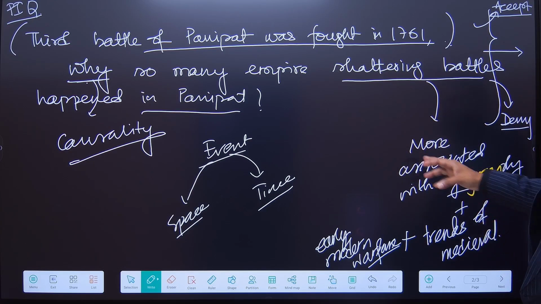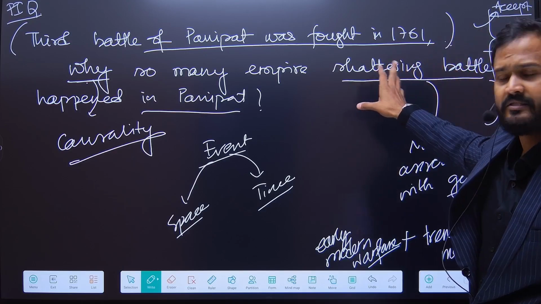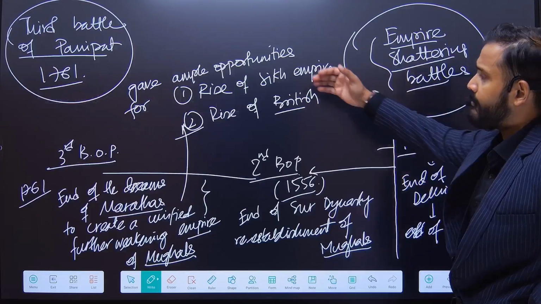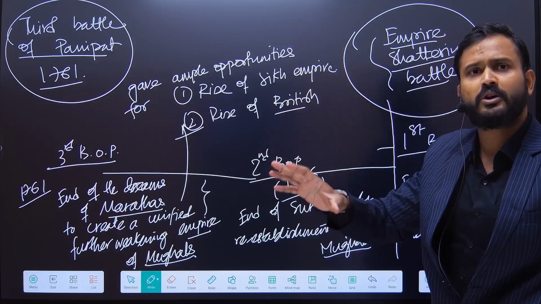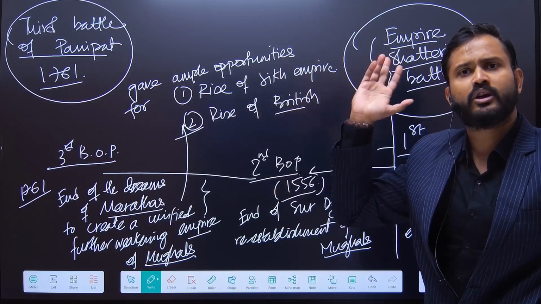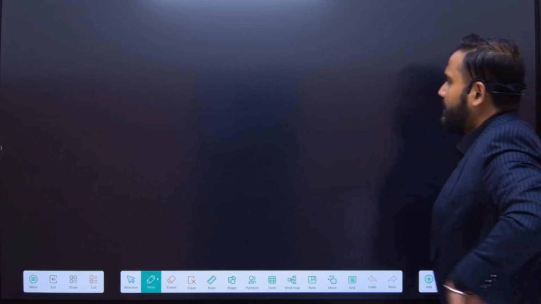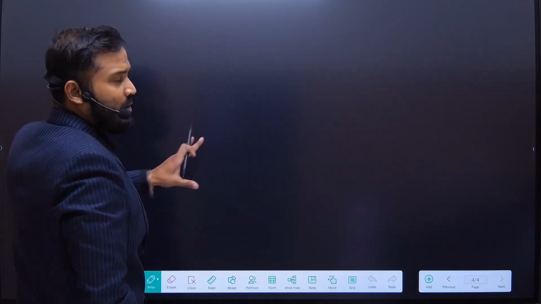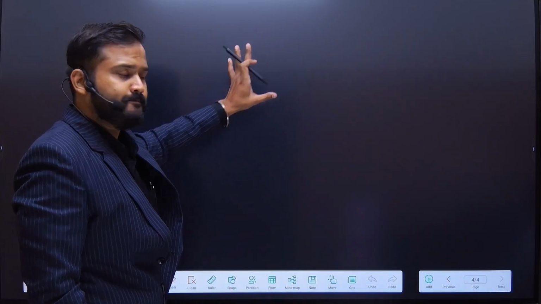So again, we are discussing the component, that is empire shattering battles. So we have justified that. I am telling you components as to what are the ideas you will be arguing and counter arguing. See, next you will be doing, at the end you will understand what exactly I have done.